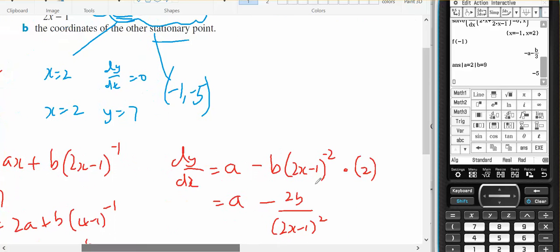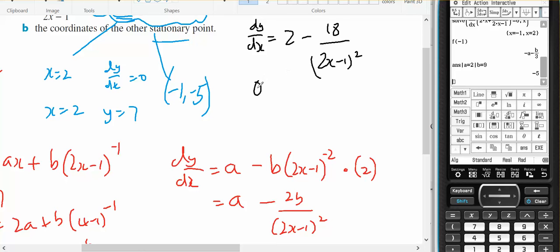And the second one was find the stationary points. So I know that dy/dx equals a, which is 2, minus 18 on top of (2x minus 1) squared.